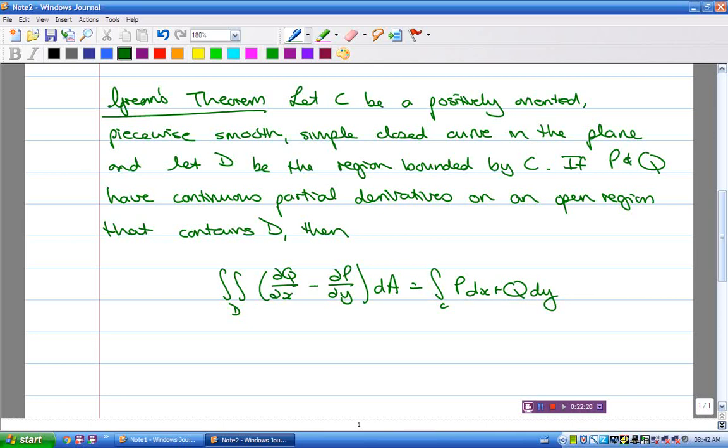Question? When we say piecewise smooth, are we saying that it's like differentiable, or what is that? It means differentiable, yes, and it means that it's differentiable in pieces. So corners are okay, like a square, which isn't differentiable at its corners, but it is differentiable in between, so you could piecewise define it, and each of those pieces would be differentiable.